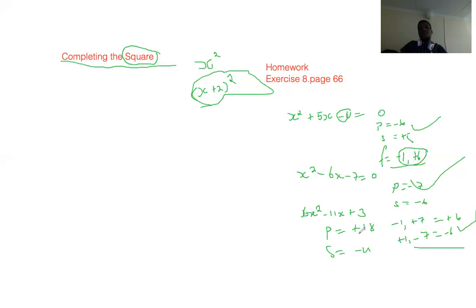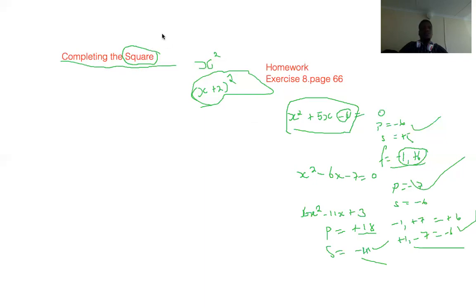For you to find two numbers that multiply to give you 18 and add to give you negative 11, the numbers are there anyway for this one also. But anyway, I'm not finding examples that will really work on this. But there are certain quadratic expressions which you will fail to factorize. So in such scenarios, that's when we use the method of completing the square. That's where that method will work.